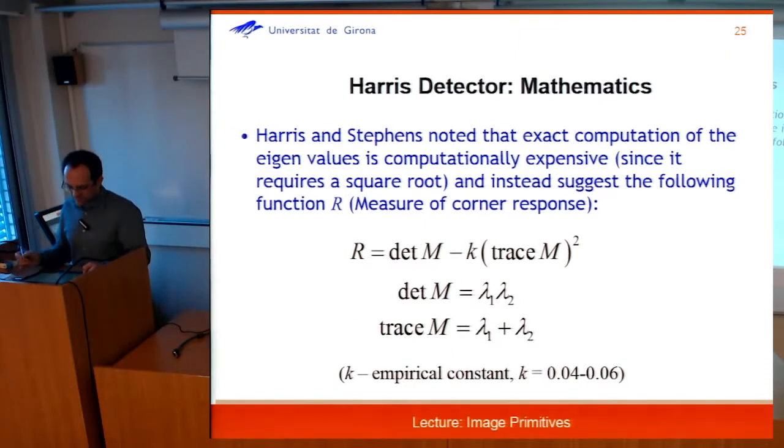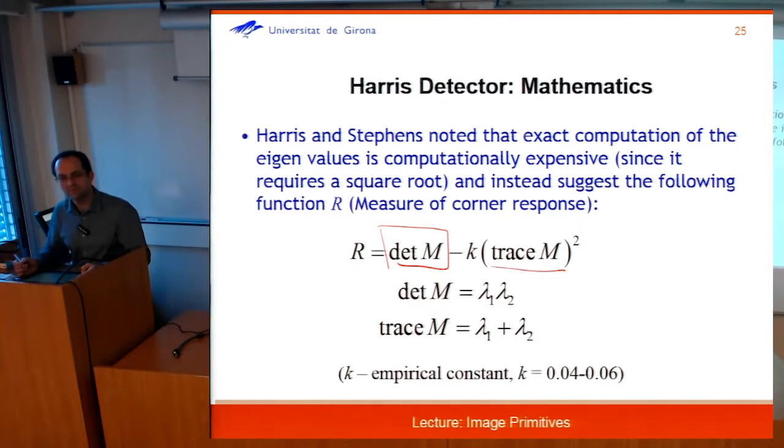And then they suggested to use a measurement that they call R. And R is just taking into account the determinant of M and the trace of M. Remember, the trace is the sum of the main diagonal components, so in this case, the two elements in the diagonal.